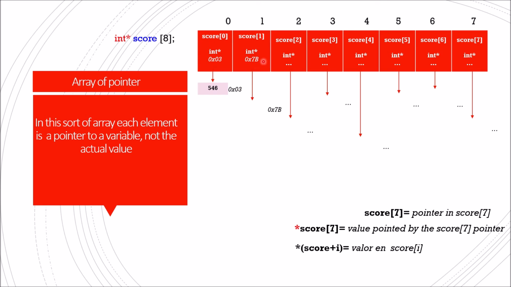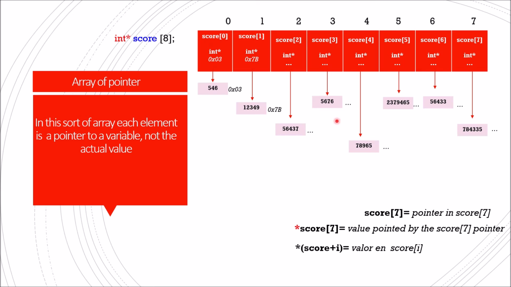For the next position, the pointer is the address 7b, just like in here. So if I go to that position in memory, I will find the actual value, and so on and so forth.